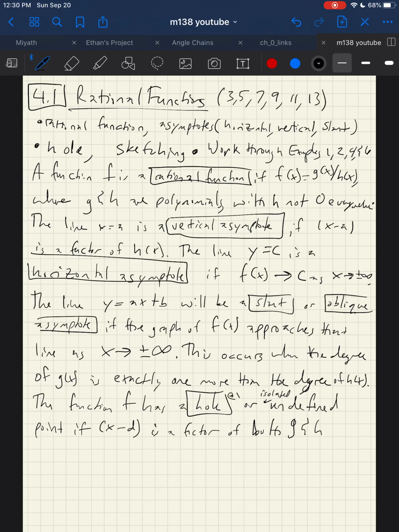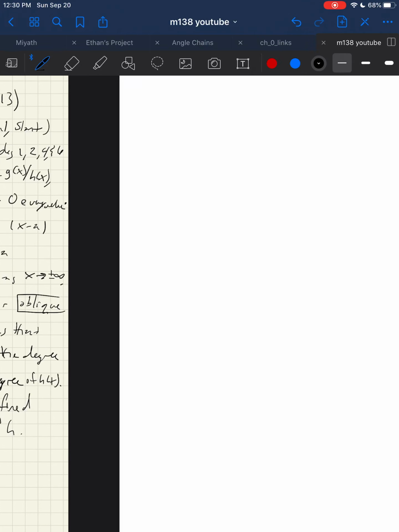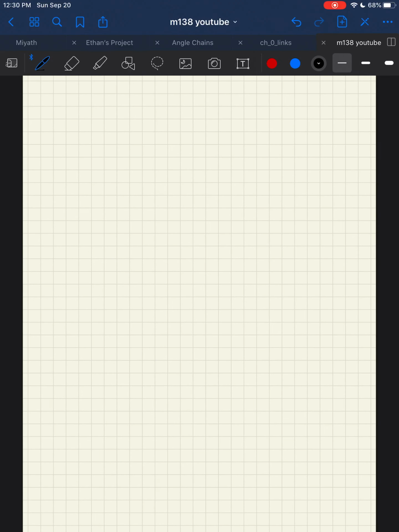That gives a hole at d. So we'll do an example that has some of these things, and we'll see kind of what we're talking about.